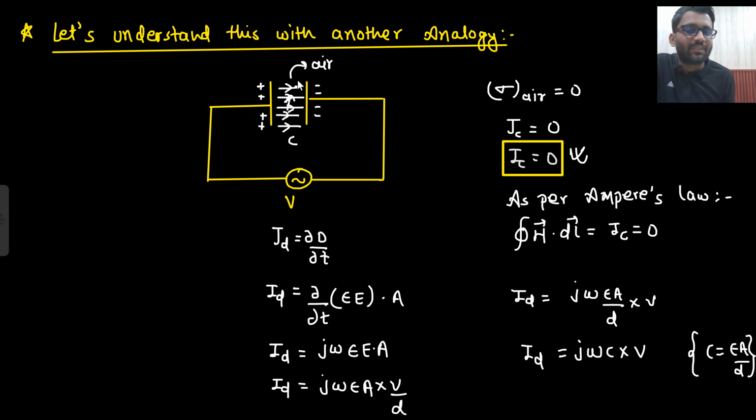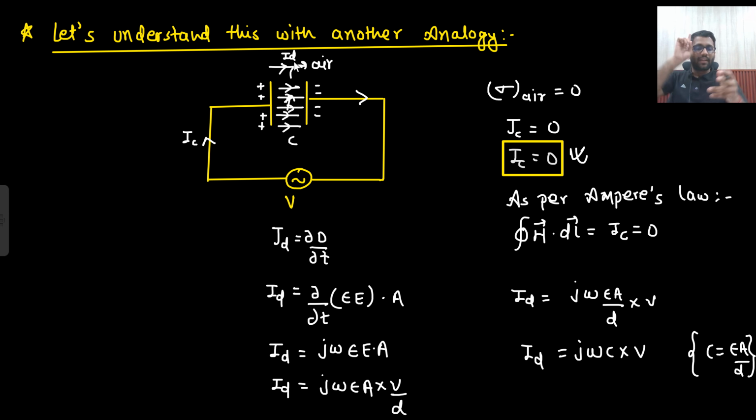Now where will that displacement current go? Between the plates there is some displacement current. So where will that current go? It has to flow through this wire only, no? In the plates, this is the ID current, so that has to flow through wires only. So for the wires, it is conduction current, but in the air in between, for the capacitor, it is displacement current.